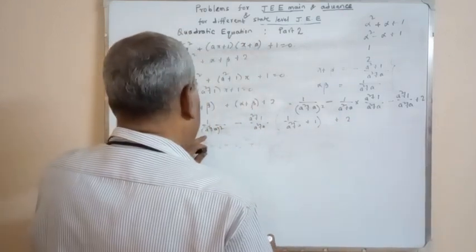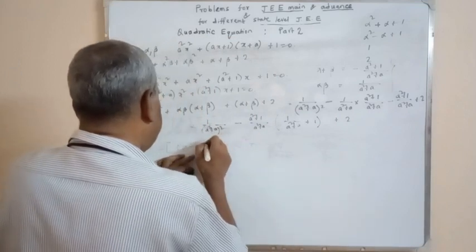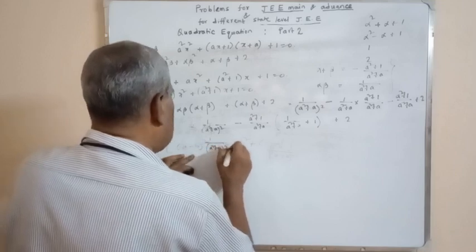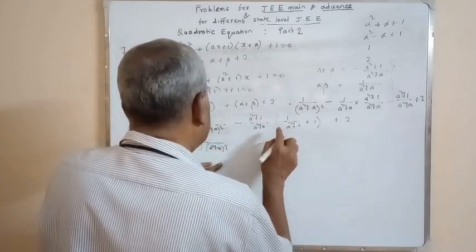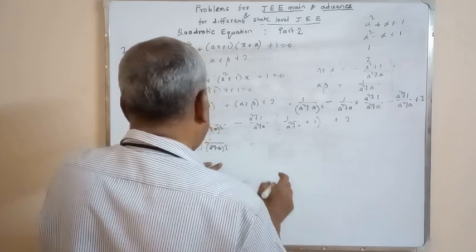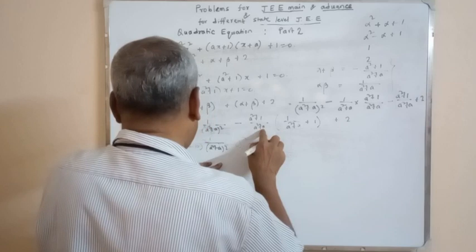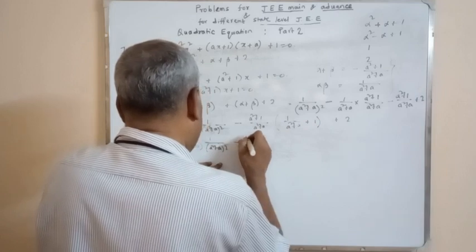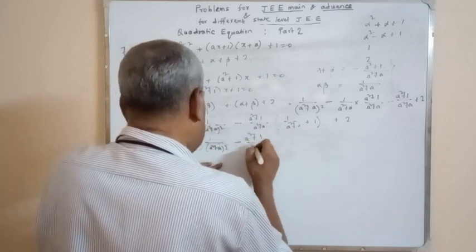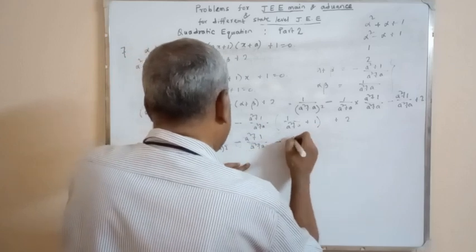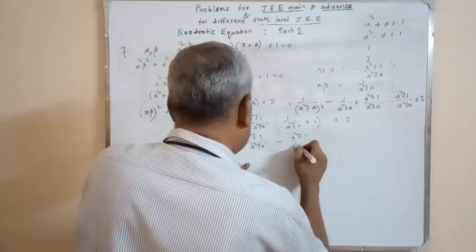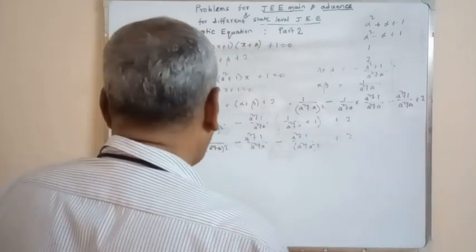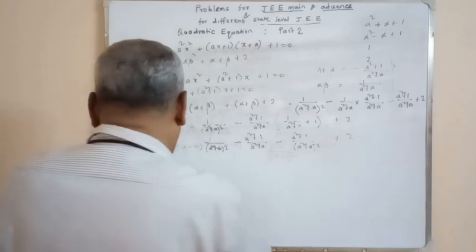So this is equal to 1 upon (a square plus a) whole square, minus (a square plus 1) by (a square plus a), minus (a square plus 1) by (a square plus a) whole square, plus 2. Now we have to simplify it.